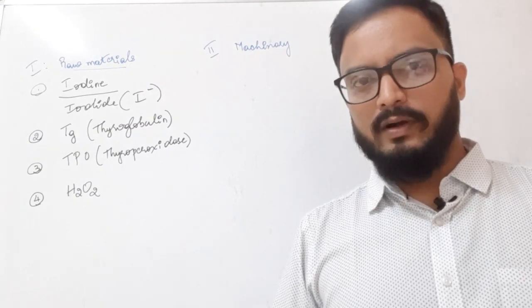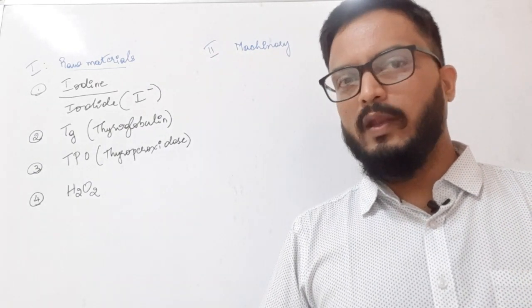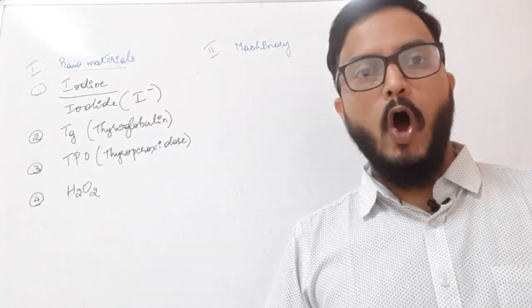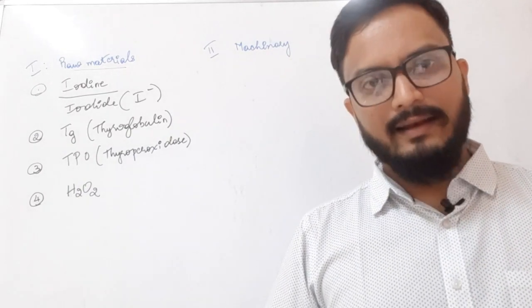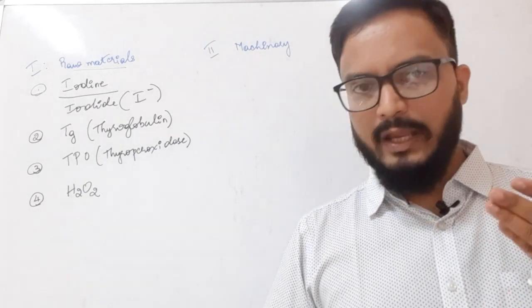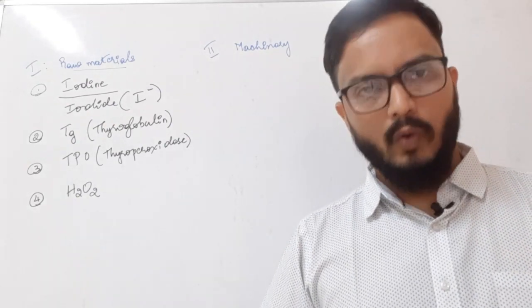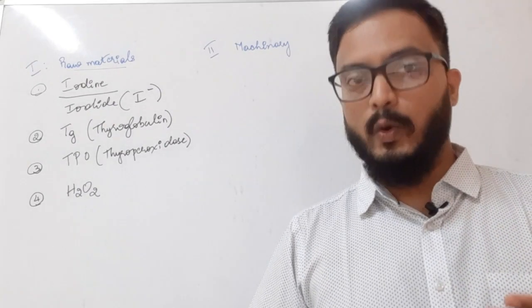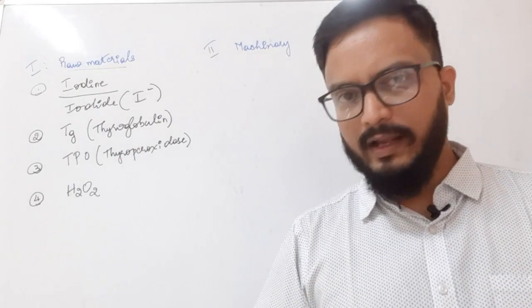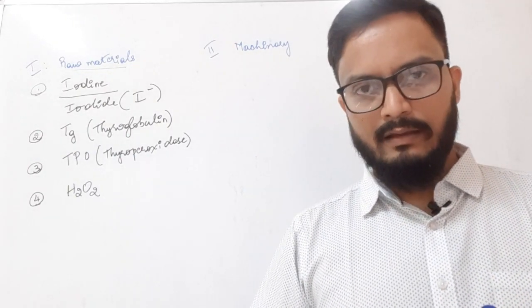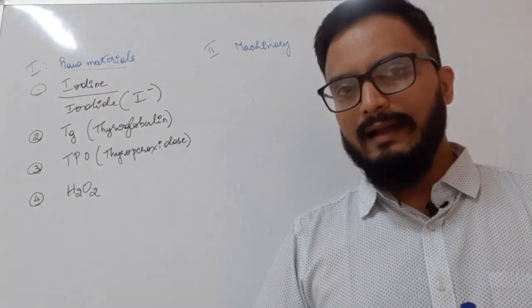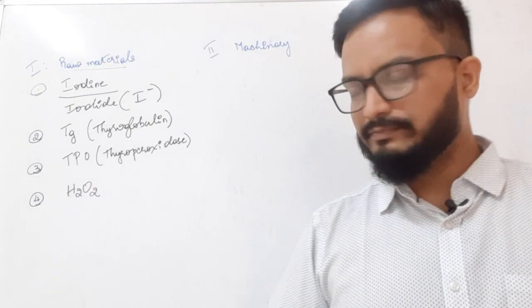This is most important because it is the electron acceptor. Therefore, in the oxidation process, under the catalysis of TPO, it plays an important role in the oxidation of iodide into an atom of iodine or iodinium. We will see later how exactly it occurs.